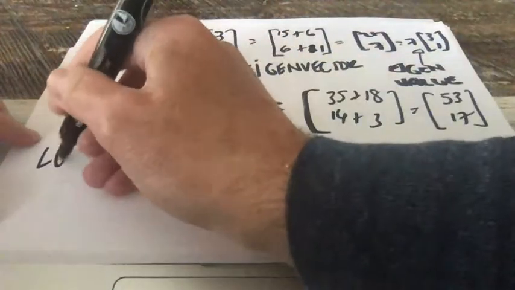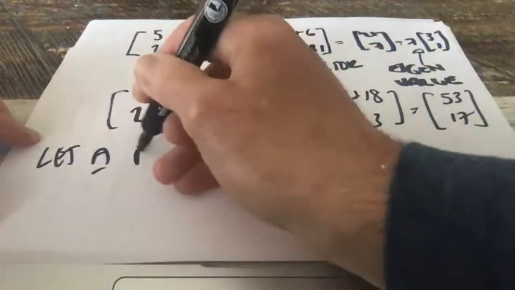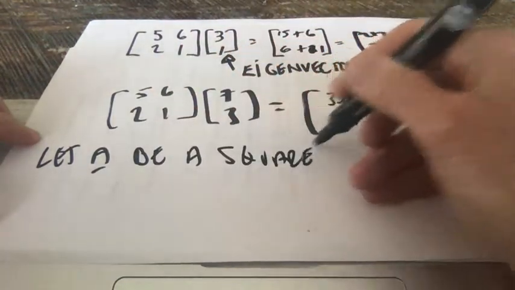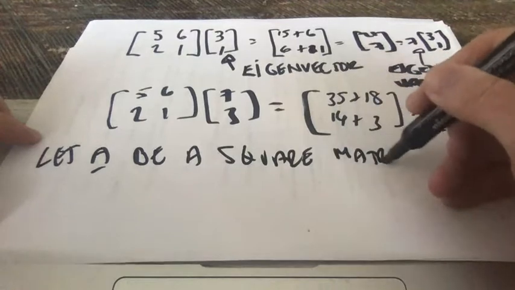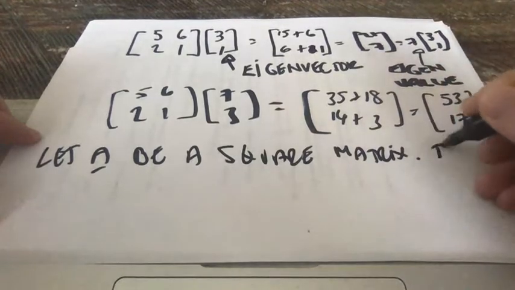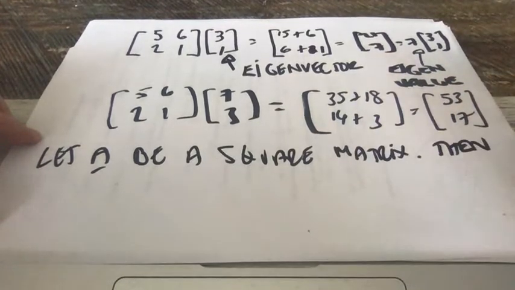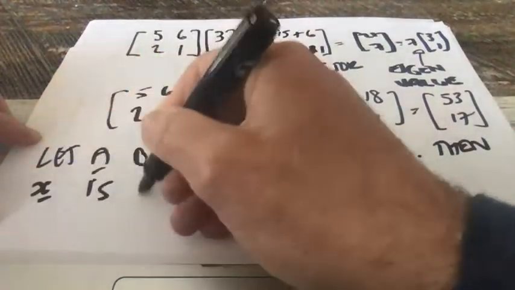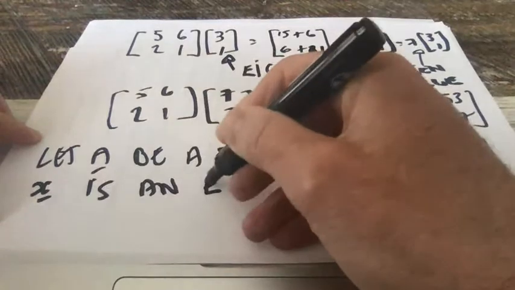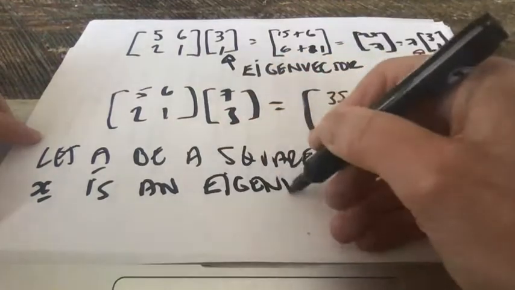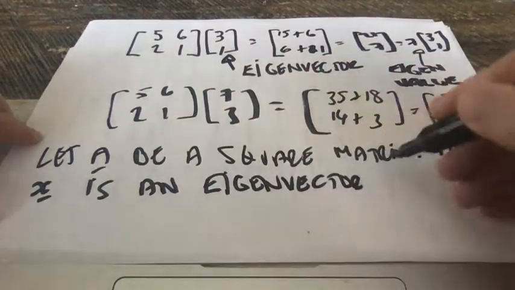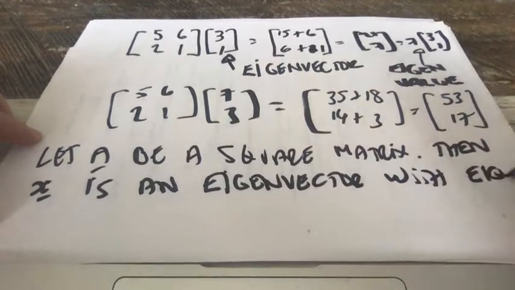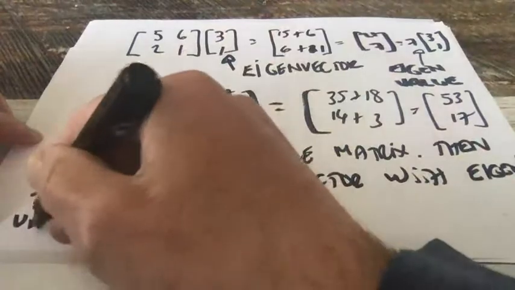So let A be a square matrix. Then X is an eigenvector with eigenvalue lambda.